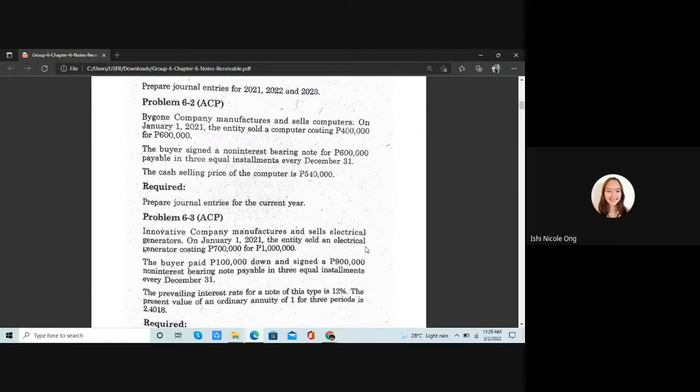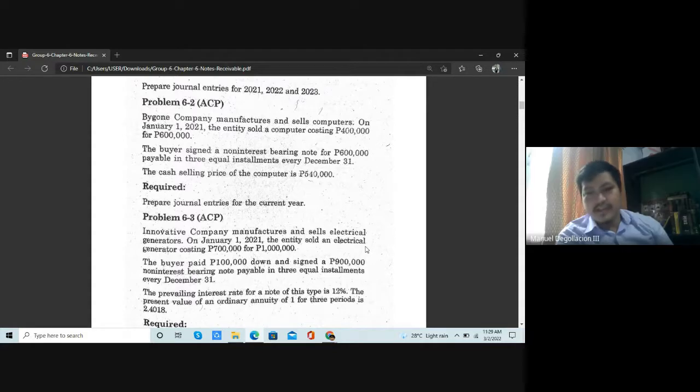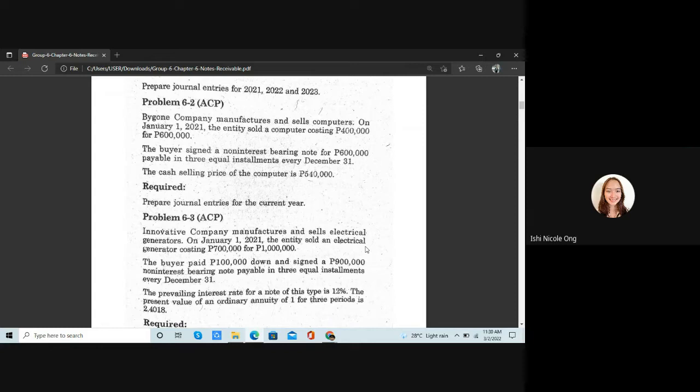Debit notes receivable 600,000, credit sales 540,000, credit unearned interest income 60,000. And where did you get the 60,000? That is from 600,000 less 540,000, sir.